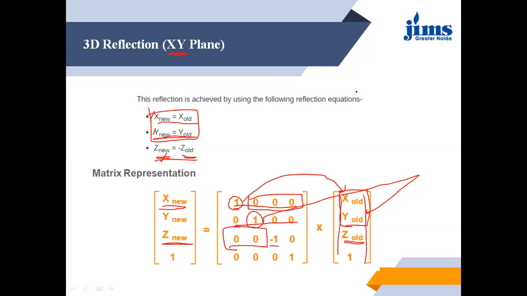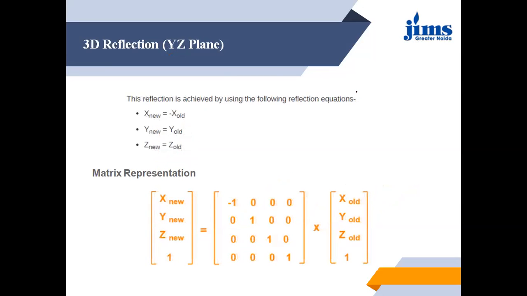Same thing we will see in the YZ plane also. When we have to reflect this object with respect to the YZ plane, then as we discussed in the last slide, the values of the Y and Z coordinates will be the same. So we can see from here that y new equals y old, as well as z new equals z old.